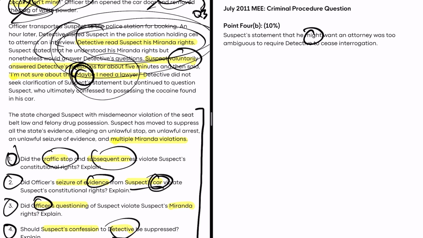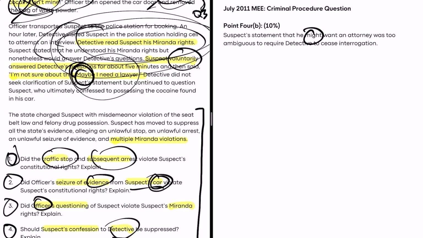The key is, remember, to invoke the Fifth Amendment right to counsel, a suspect's request must be clear and unambiguous. This means that the suspect must articulate the desire for counsel sufficiently clearly, such that a reasonable officer would understand the statement to be a request for counsel.